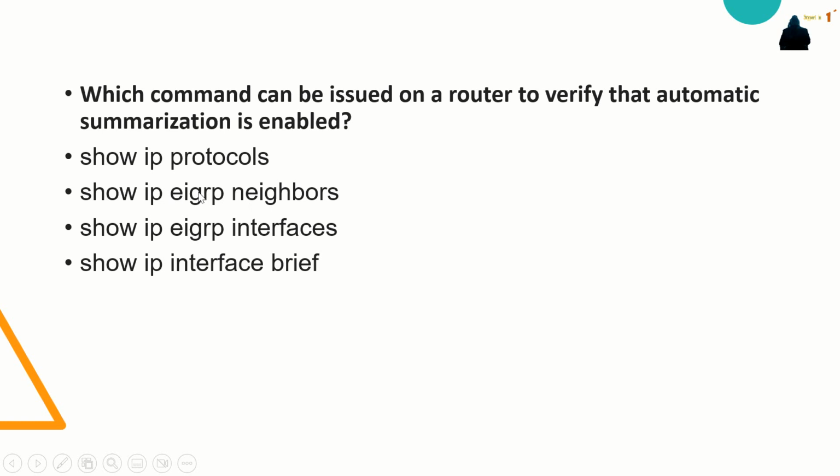Show IP EIGRP neighbors only shows you your neighbor IP address and information about hello time, and show IP EIGRP interface also gives us some information. And show IP interface brief is not about EIGRP, it's about getting IP address of interfaces under the router. This is not about routing protocol.